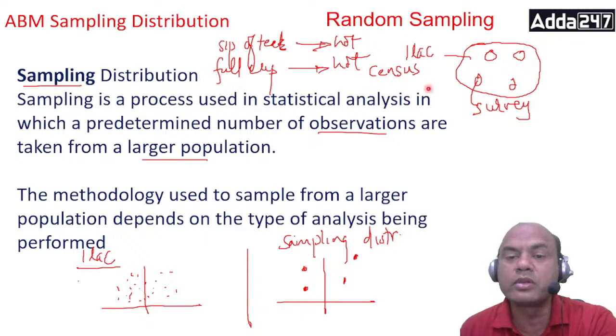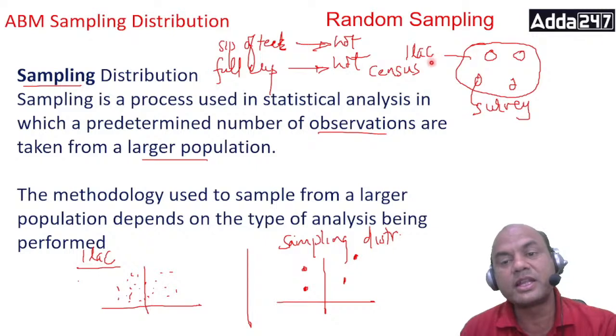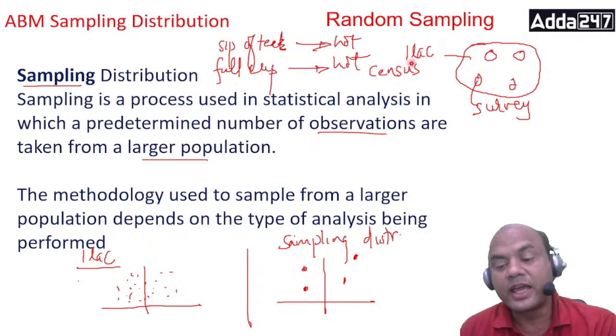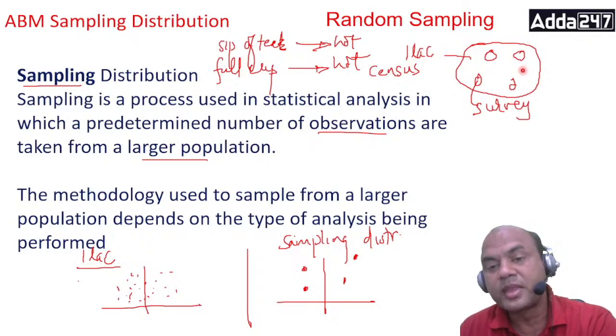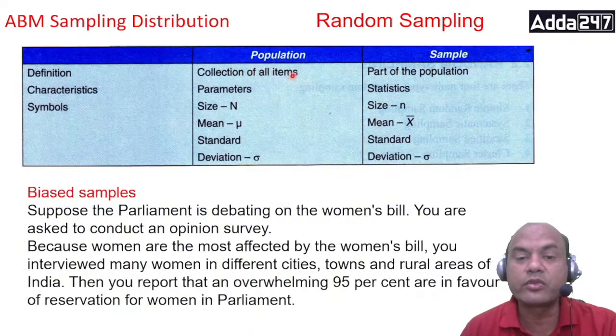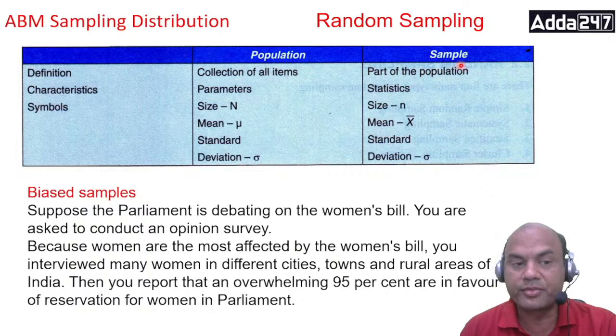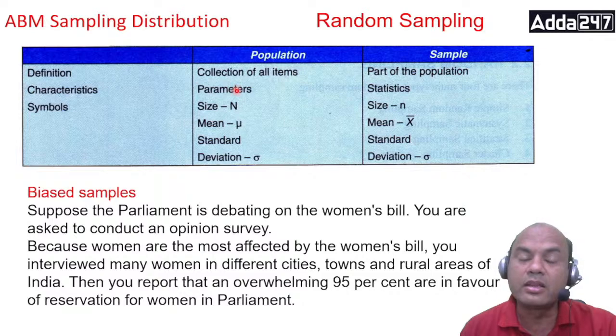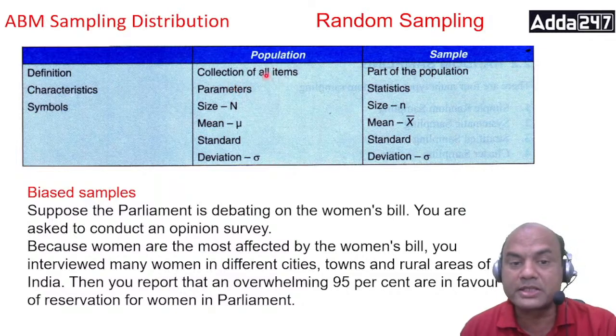If I do a survey of the full population, it will be called a census. And this is known as the population. It includes the collection of all items. And here is a part of the population, some part. What are the characteristics? If I take the mean, mode of the population, it is called a parameter.